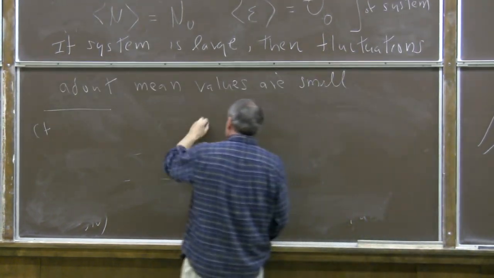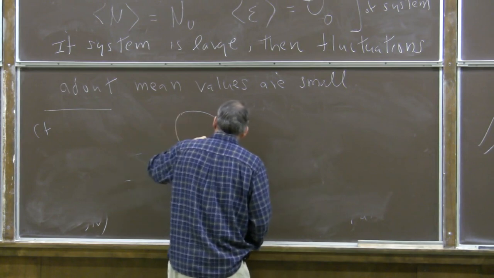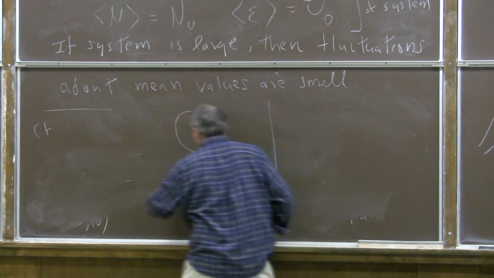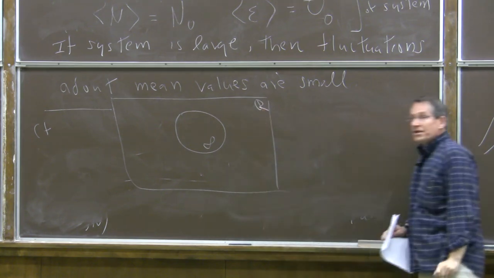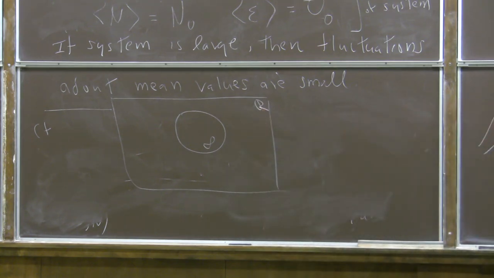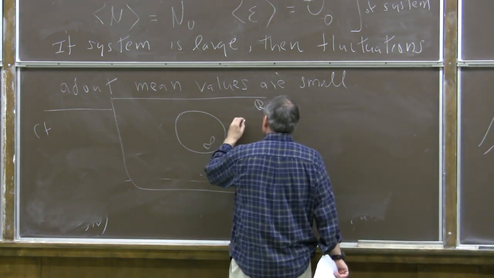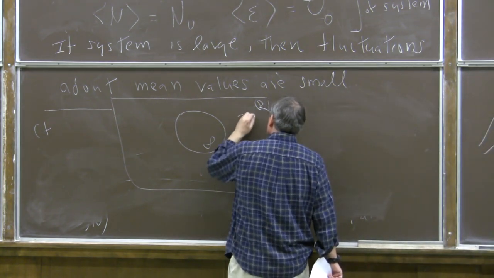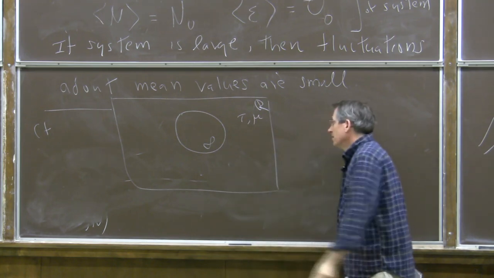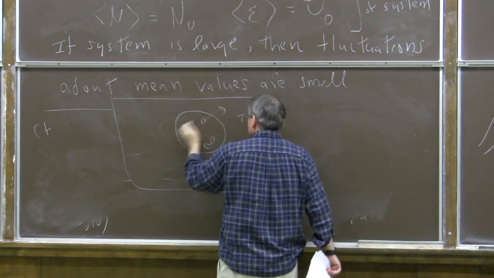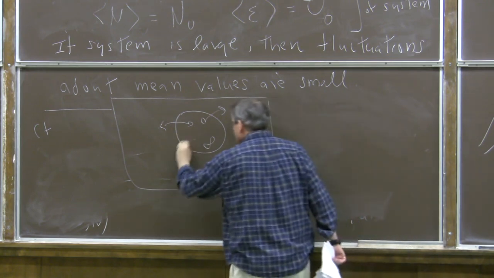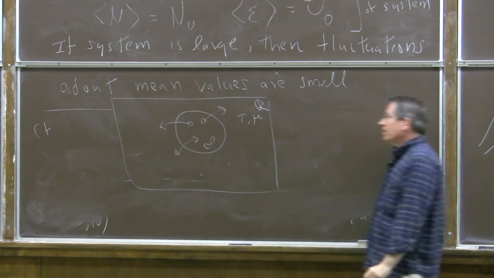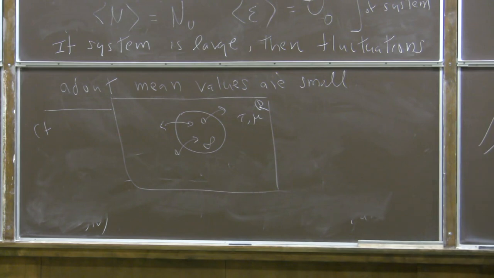Right? There's a system, and there's a big reservoir. No matter how big the system is, the reservoir is much bigger. The reservoir we can characterize by a temperature and a chemical potential. Then particles and energy can be exchanged between the system and the reservoir.